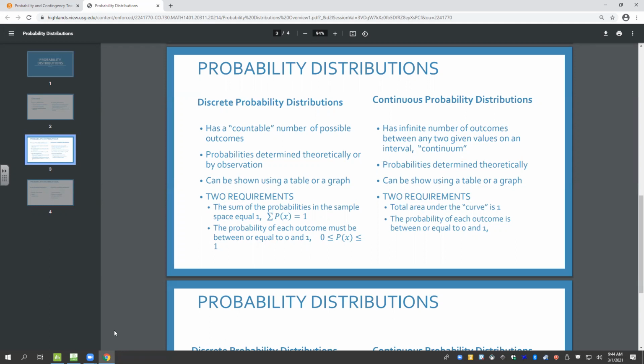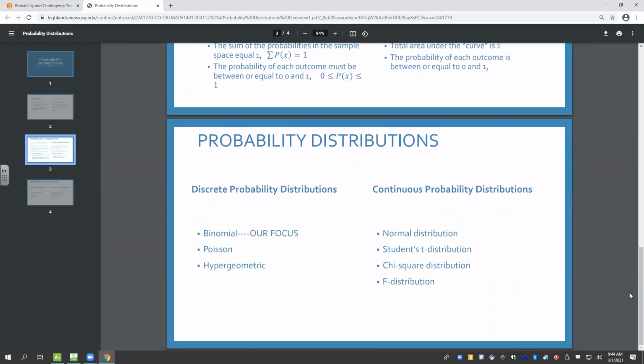Our focus today is going to be on the discrete probability distributions. Now, there are a variety of discrete probability distributions as well as continuous probability distributions. I've put some of the more popular ones that are used within statistics. It's not an exhaustive list, okay?